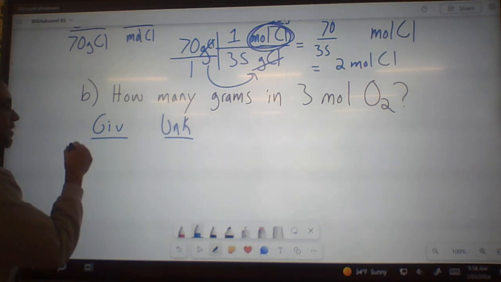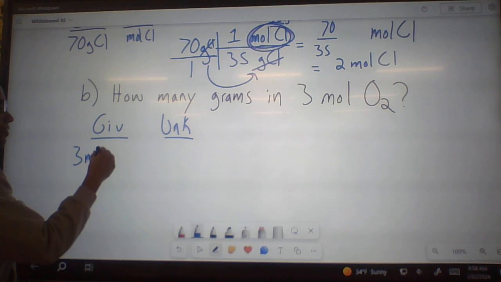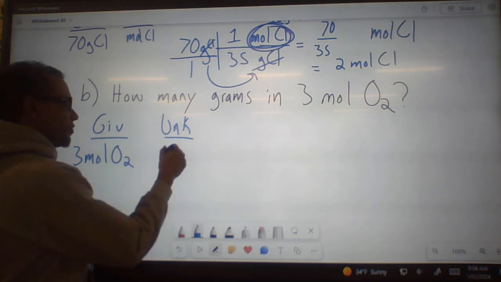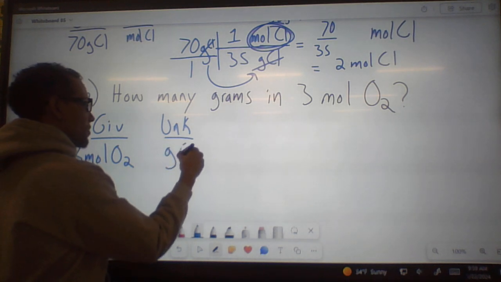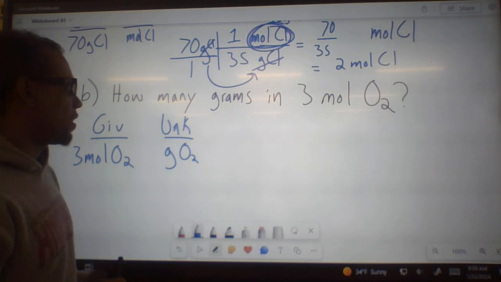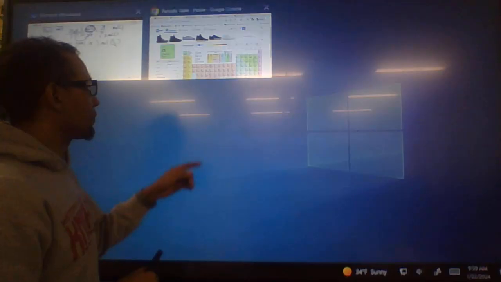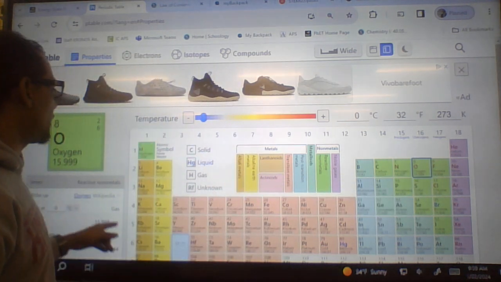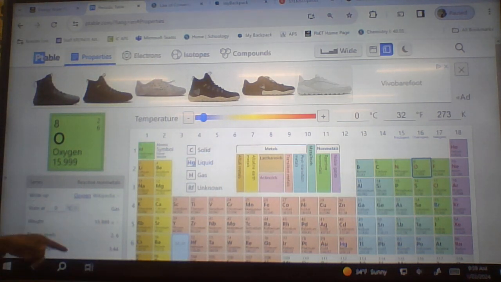So the given information is 3 mole O2. And then for my unknown information, they want me to find grams. And we're still dealing with O2. We have an equality. So if we go here, I know the oxygen is 15.999, but we're just going to call it 16.